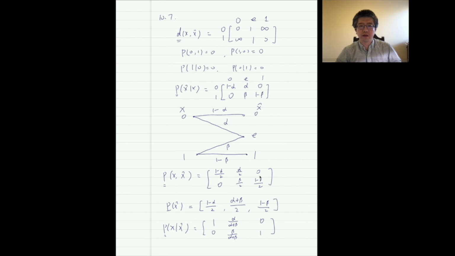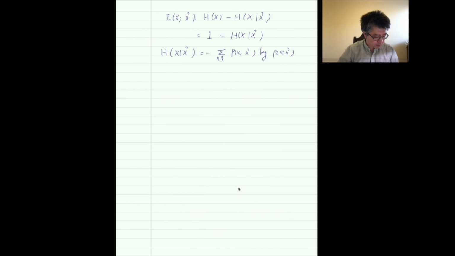And for this and that, the distortion is 0. Therefore, there are only two terms left, which are negative alpha over 2 log alpha over alpha plus beta, minus beta over 2 log beta over alpha plus beta.